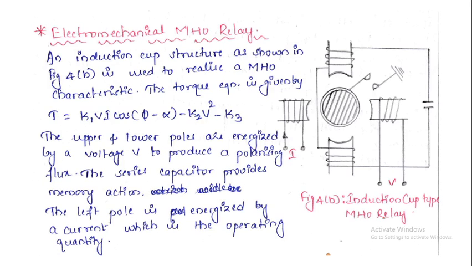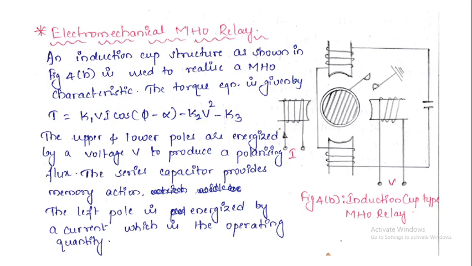So an induction cup structure as shown in figure 4b is used to realize the Mho relay characteristic. The torque equation is given by, again, T is equal to K1 Vi cos(phi minus alpha) minus K2 V square minus K3.